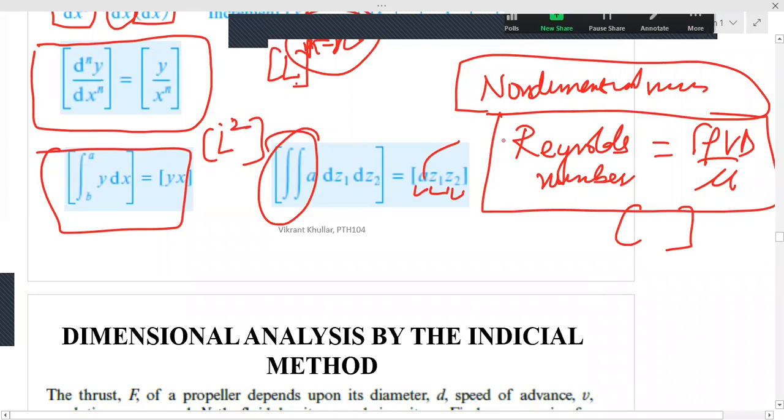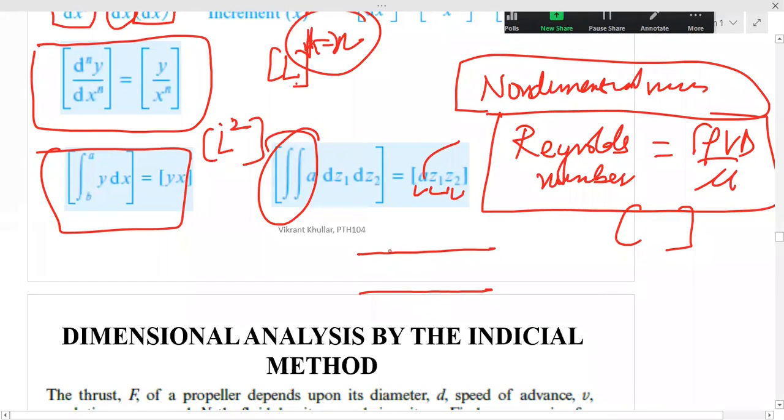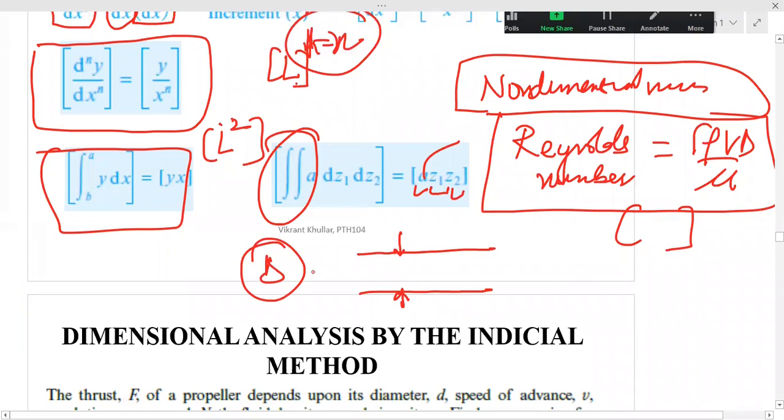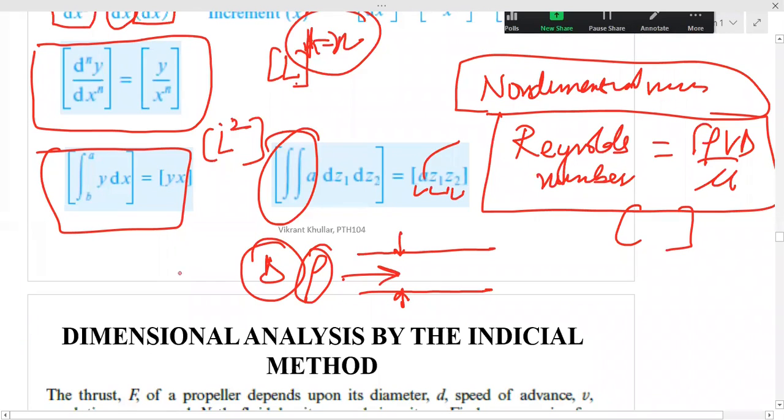Used for both flows, sir. What is the benefit? For instance, you were to carry out an experiment and there was a pipe, and I ask you to let me know whether the pressure drop in this pipe will scale with, how will it change with diameter of the pipe, how will it change with the density of the fluid that is flowing, how it will change with the viscosity of the fluid.